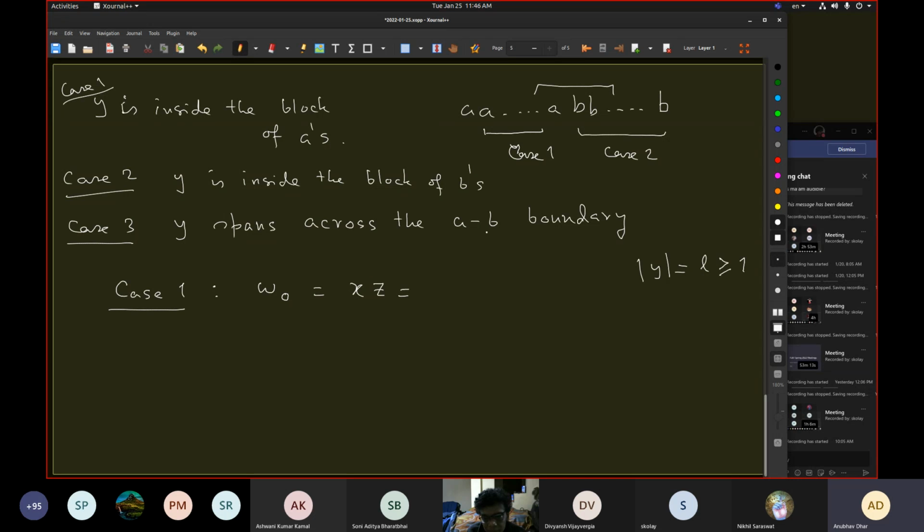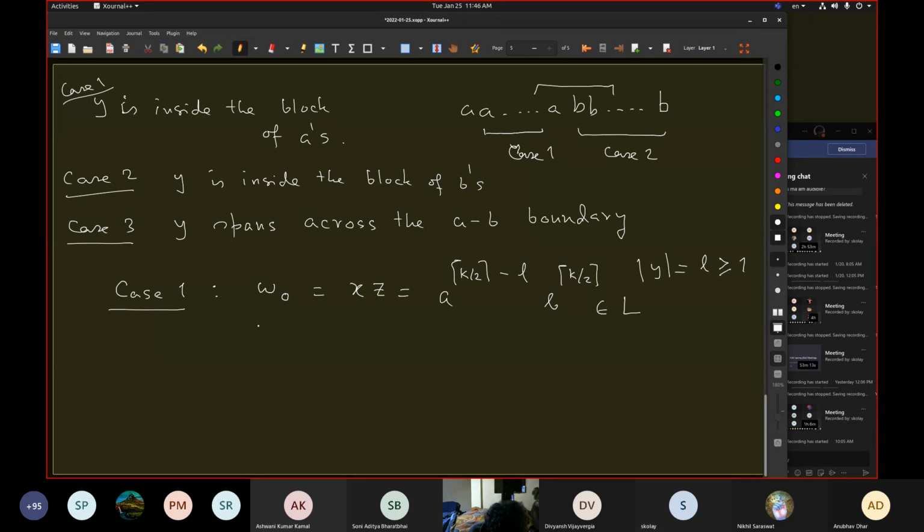A to the power ceiling of k by 2 minus L, then B to the power ceiling of k by 2, and this belongs to L. Obviously a contradiction because L is greater than or equal to 1.